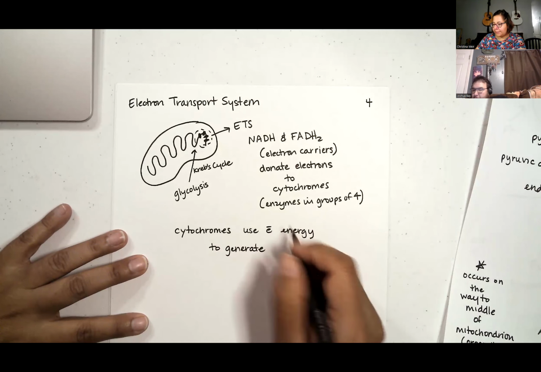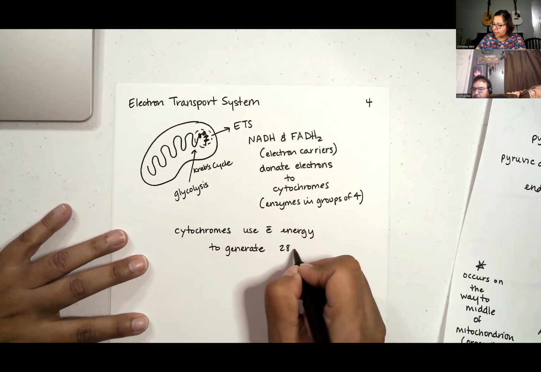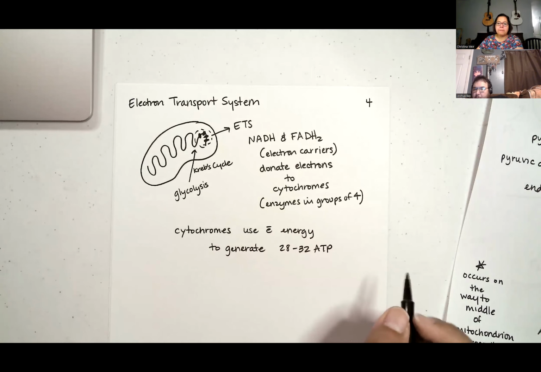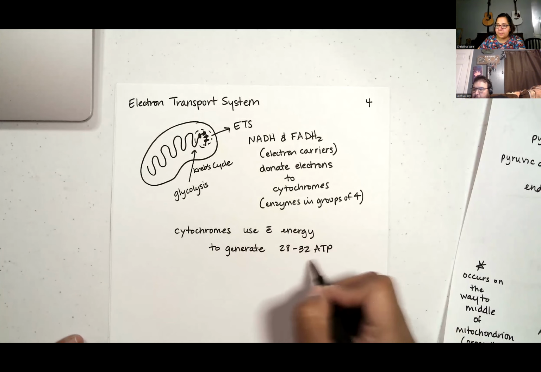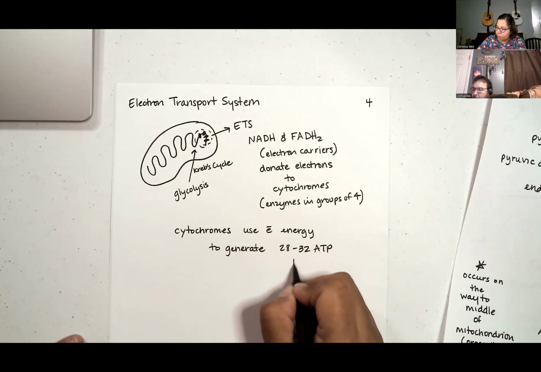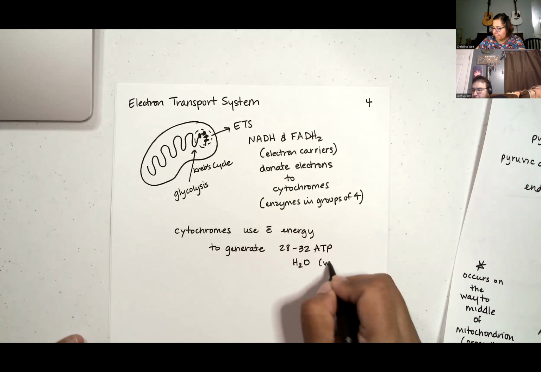lots and lots of ATP. How many? Anywhere from 28 to around 32 ATP. It varies on the cell, but we generate quite a bit of ATP. We also generate a little bit of water as a waste product.